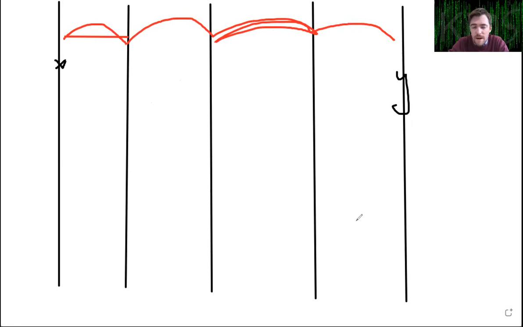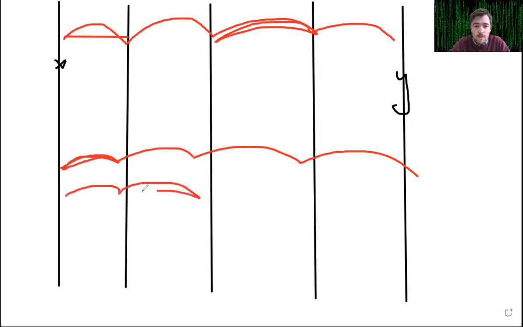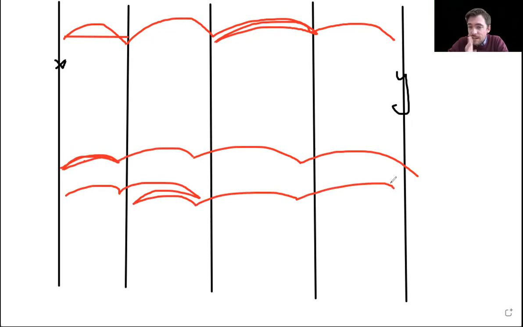But you can equally go 1, 2, 3, 4, 5, 6, where I've just looped back after the first step. Or obviously 1, 2, 3, 4, 5, 6. All of these are valid paths that get you from x to y in 6 steps.